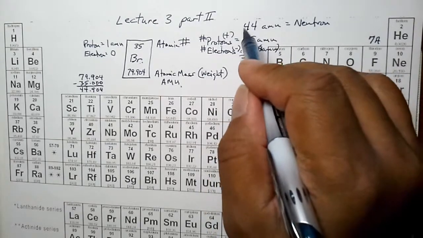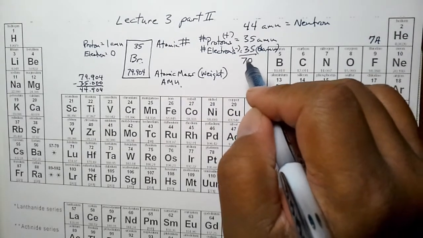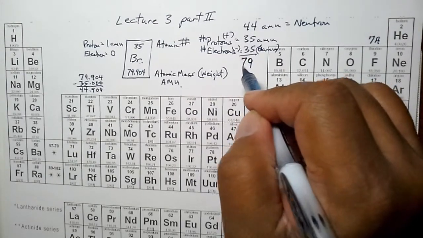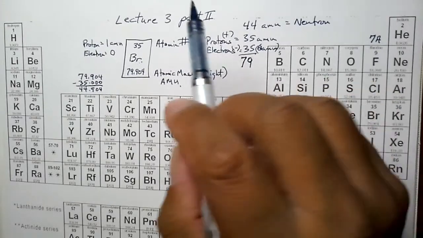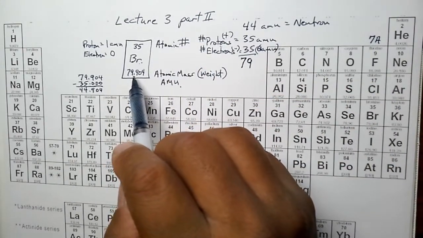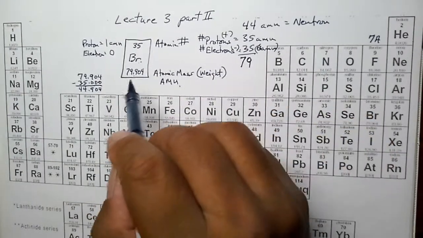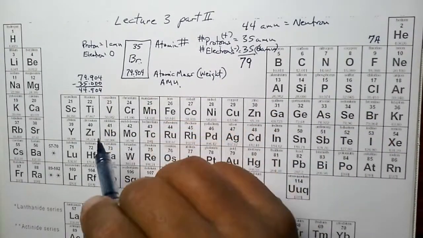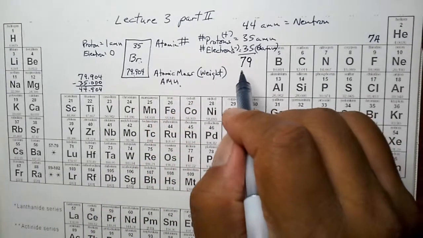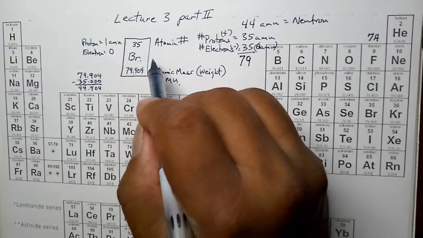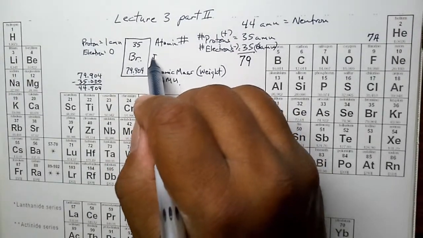So when we add up 44 and 35, we get a total of 79, which is close to the atomic mass of bromine. Why is it 79.904? Well, we'll talk about that later. Because of the presence of bromine isotopes.